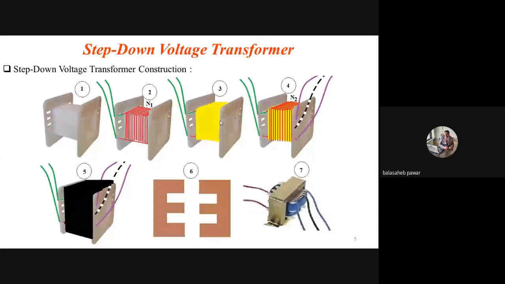Its value depends on the load resistance connected to the secondary as well as the turns ratio, N1 by N2, and its square. All this we already discussed last time, so we won't waste time on the same. The next term we'll see is the power.